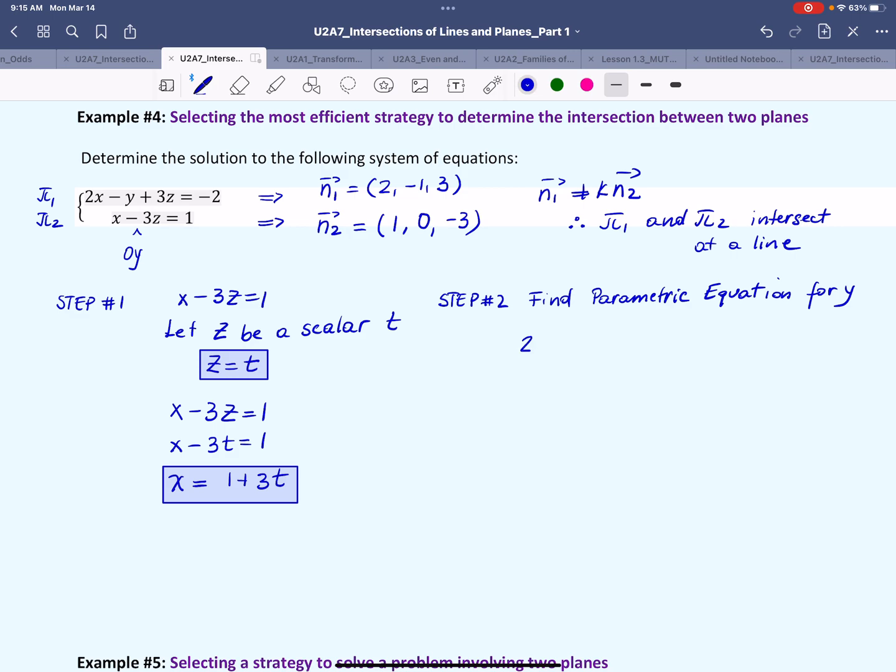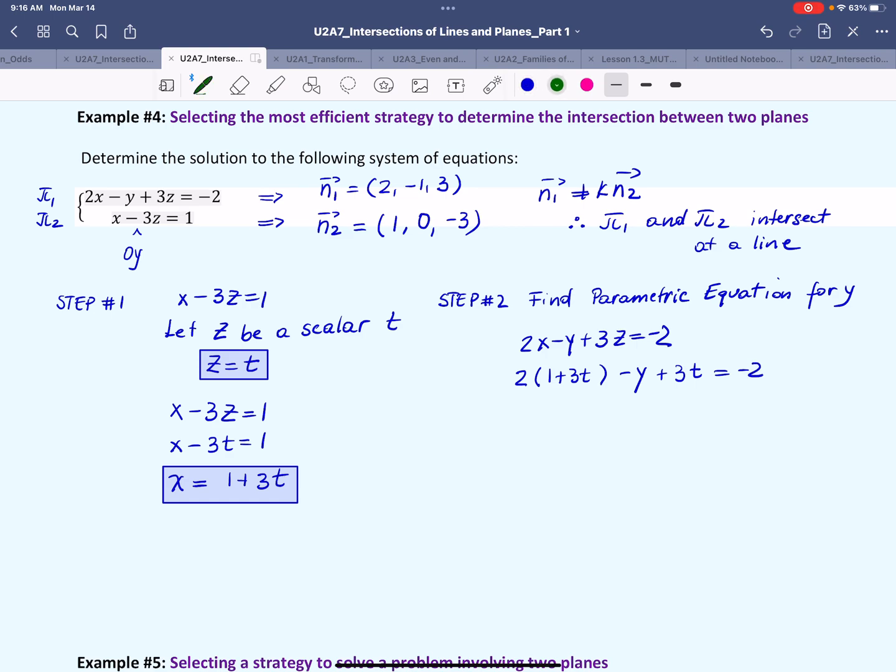So we have 2x minus y plus 3z equals -2. I just wrote the equation as is first. Now for x, we have 1 plus 3t minus y, which we're about to find, plus 3z, so for z we have t, equals -2.